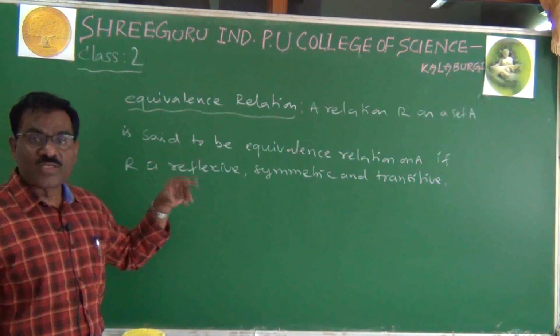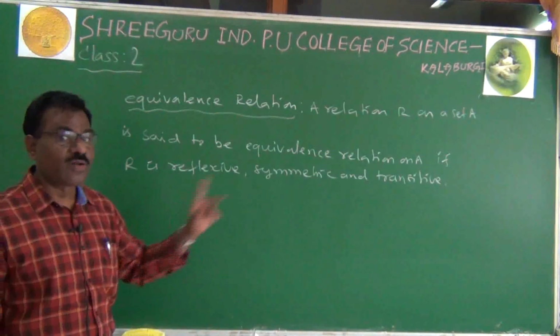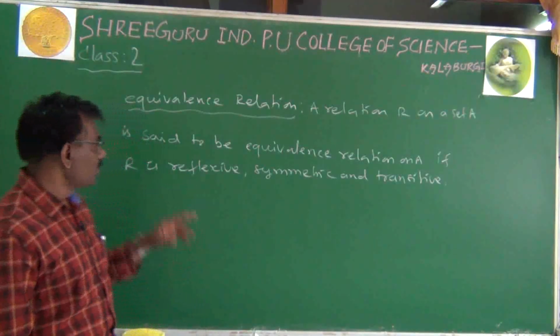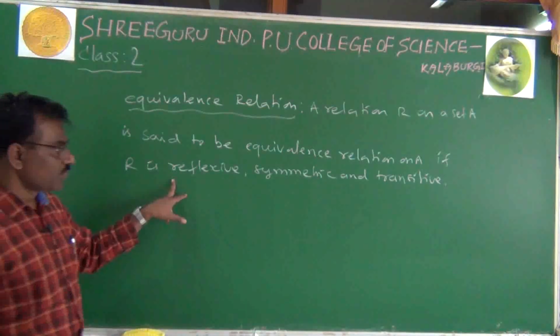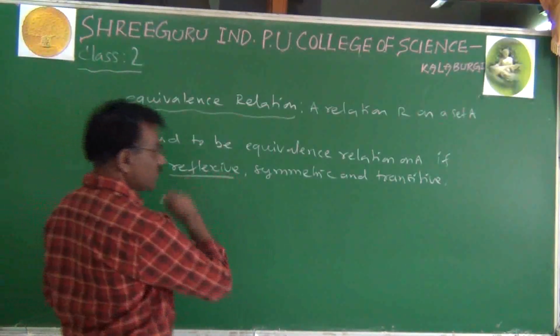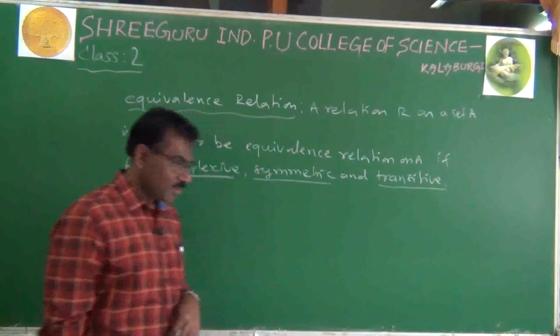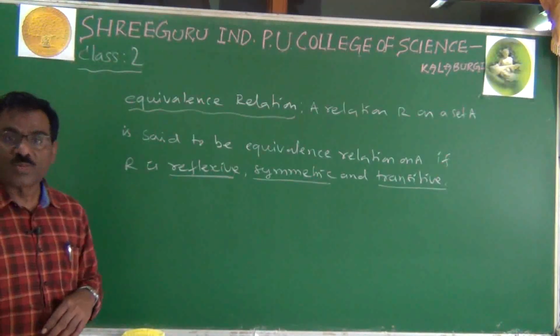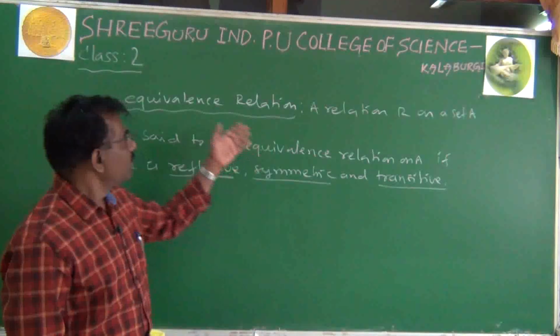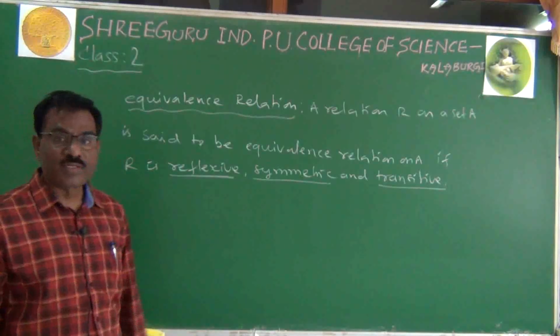When you say equivalence relation, it is satisfying all the three. All the three means R is reflexive, symmetric and transitive. These three conditions are satisfied, then it is called an equivalence relation.